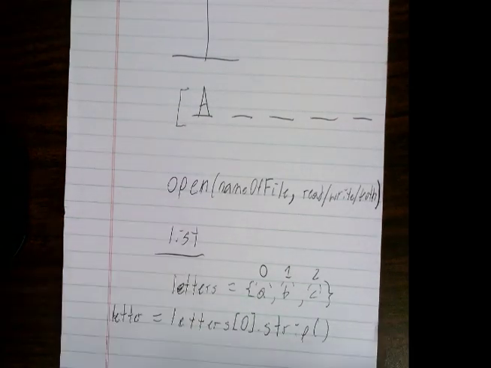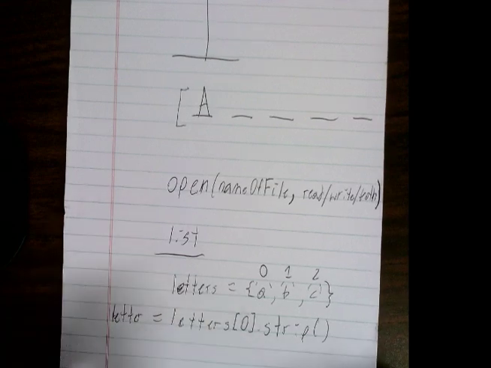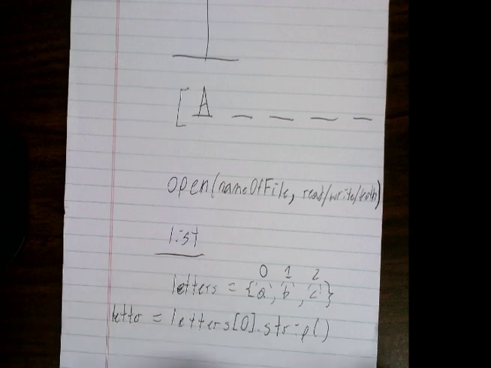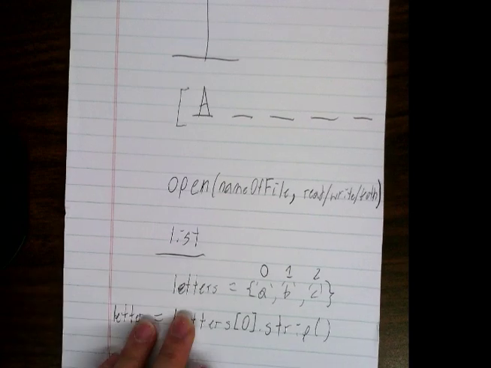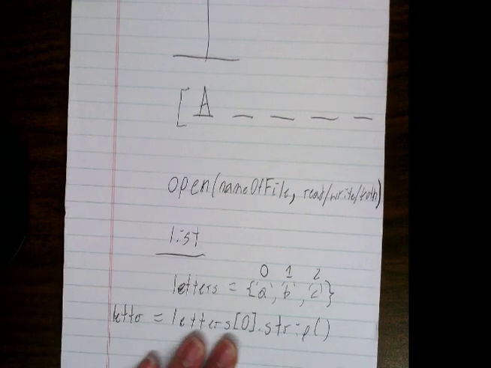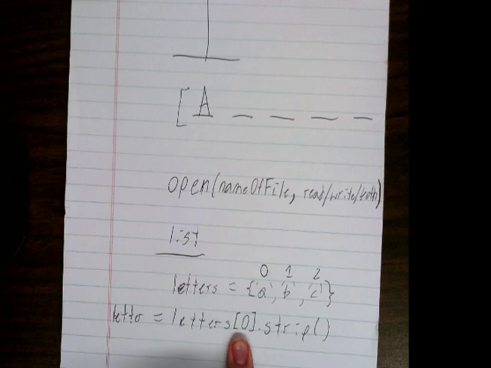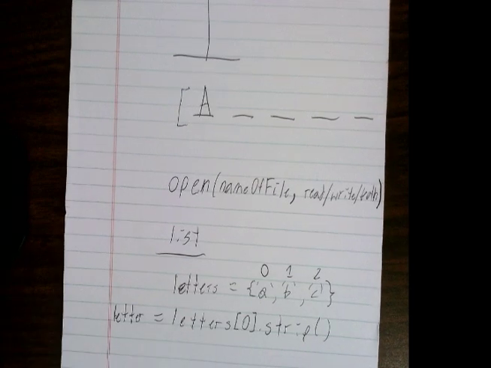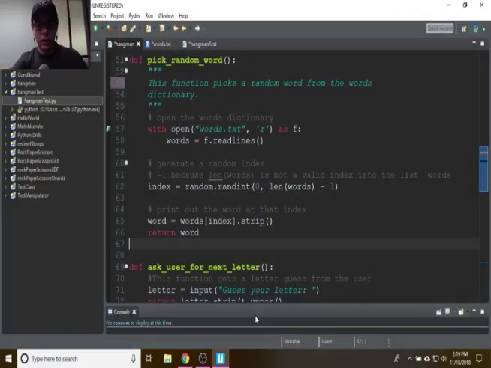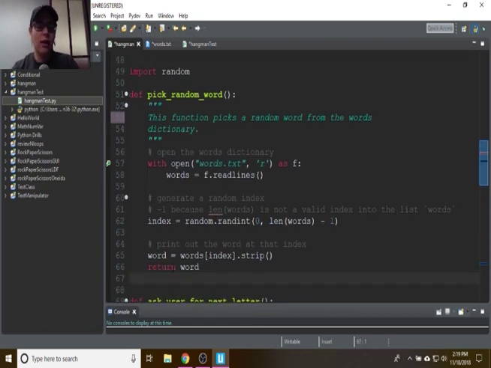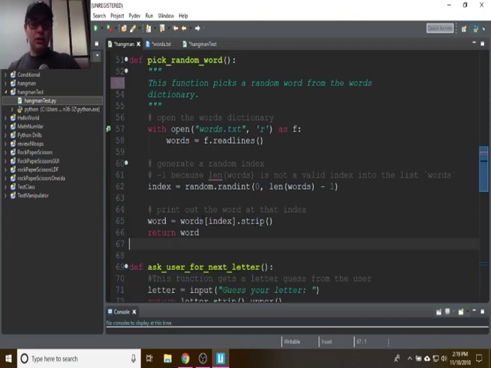It's just a precautionary measure so we don't get any errors, or they don't get a word that has a bunch of spaces, because you can't guess a space. So you have the letters at index 0, or in the case of the program, words at index whatever, then strip it, make that equal to word, and then we're going to return that word. So that was the first function.